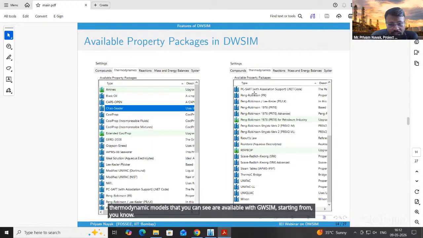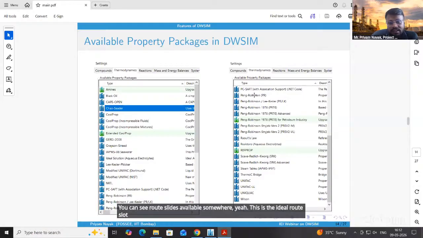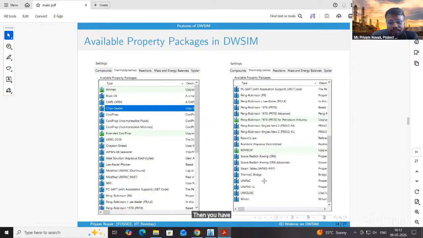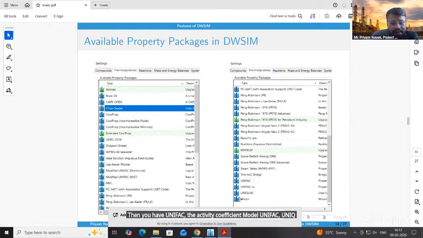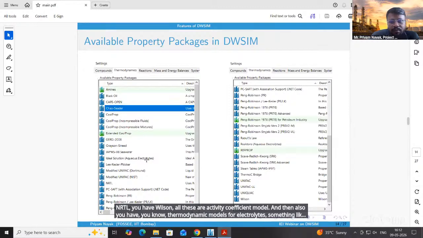You can see Raoult's law, the ideal Raoult's law. Peng-Robinson, the famous Peng-Robinson model, which is an equation of state model, and then different variations of Peng-Robinson. Similarly, you have the Soave-Redlich-Kwong model, another equation of state model. Then you have UNIFAC, the activity coefficient model, UNIFAC, UNIQUAC. You have NRTL, you have Wilson. All these are activity coefficient models. And then you also have thermodynamic models for electrolytes, something like this aqueous electrolyte model.